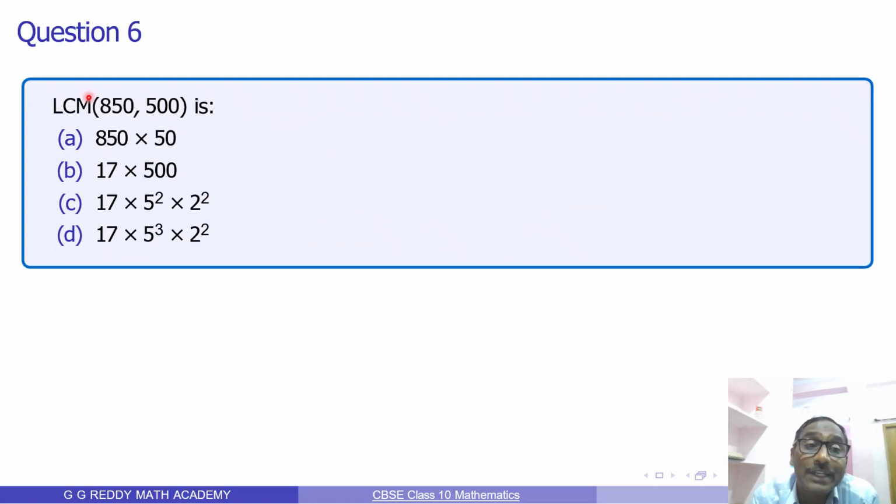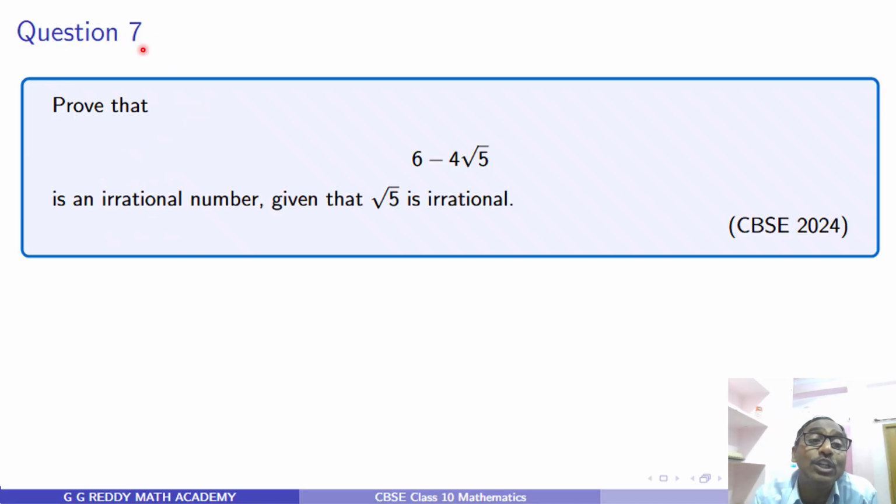Question number 6. Least common multiple of 850 and 500. You have to find the LCM of these two numbers and select the suitable option. Question number 7.